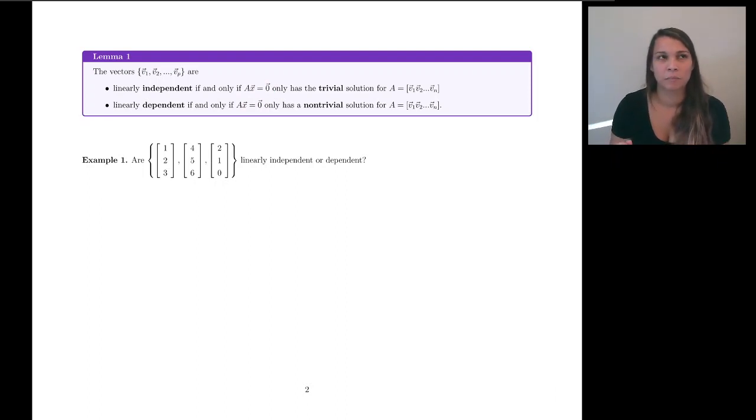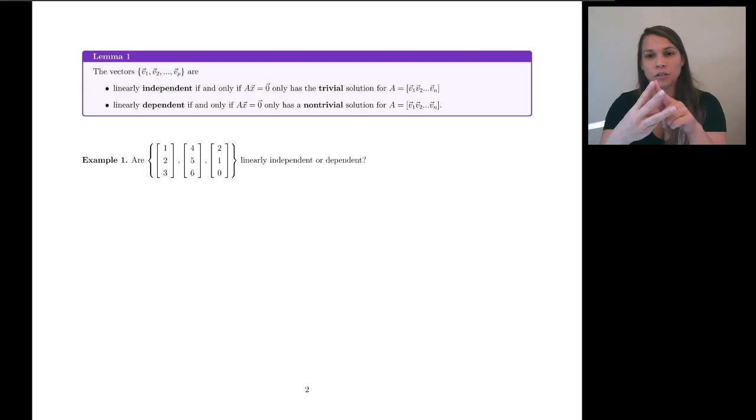Okay. So now remember the definition said otherwise we call it linearly dependent. What does otherwise mean for Ax equals 0? Remember we have three possibilities for Ax equals 0: no solution, unique solution, infinitely many solutions. For no solution, we know that's not possible.